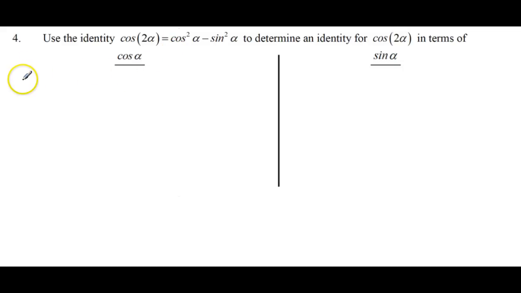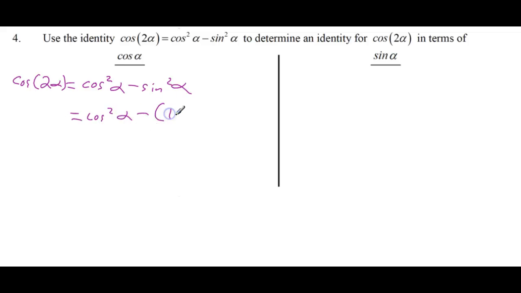We will start with cos 2 alpha is equal to cos squared alpha minus sine squared alpha. I'm not proving an identity, I'm just reforming this. I just want cosine, so I've got to get rid of the sine. Well, it's not sine, it's sine squared. So anytime you see a squared, you look for your Pythagorean identities. And so sine squared is really 1 minus cos squared. I see now everything's in terms of cosine.